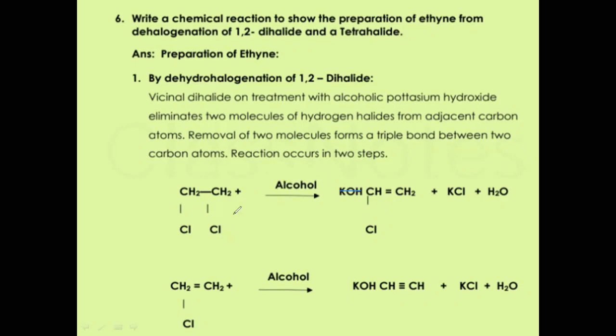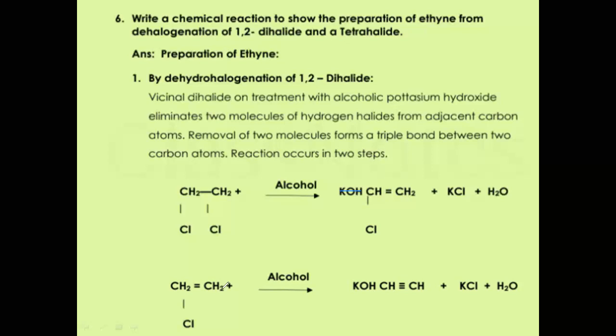So potassium from one carbon atom and hydrogen from the second carbon atom will eliminate in the form of potassium chloride and water, and then the two carbon atoms will form a double bond. You can call it chloroethene, because only one chlorine is left, but there is a double bond, so chloroethene.